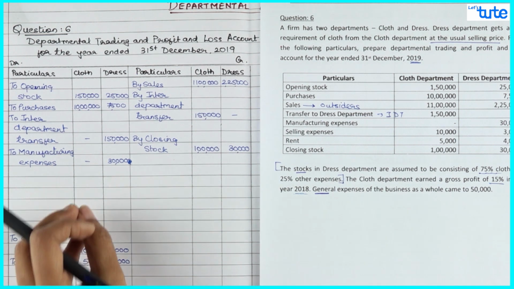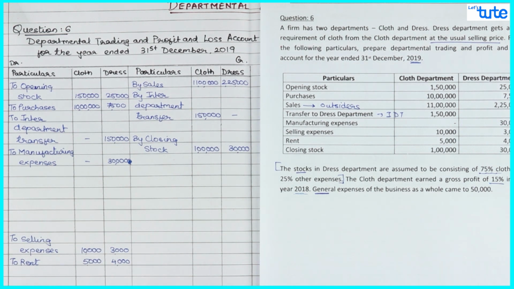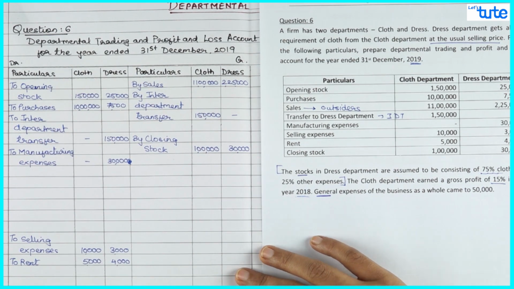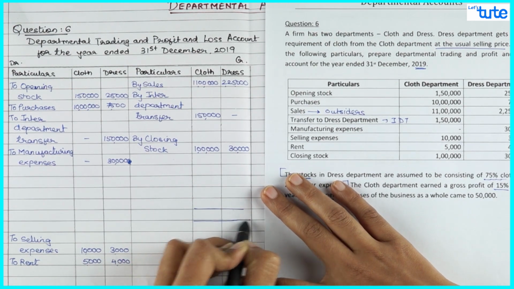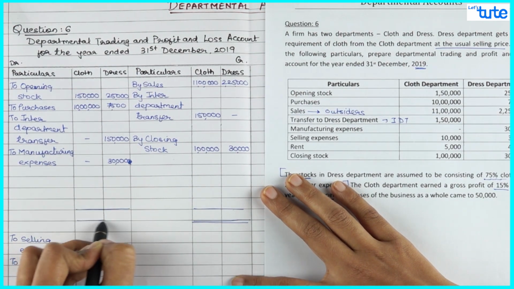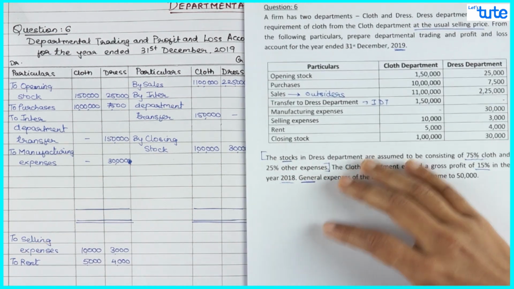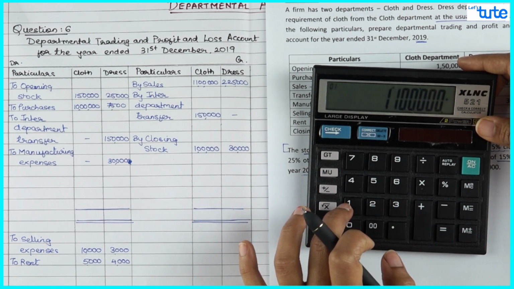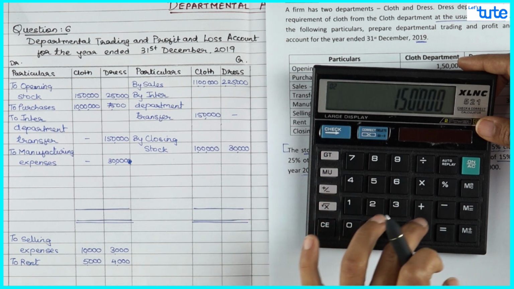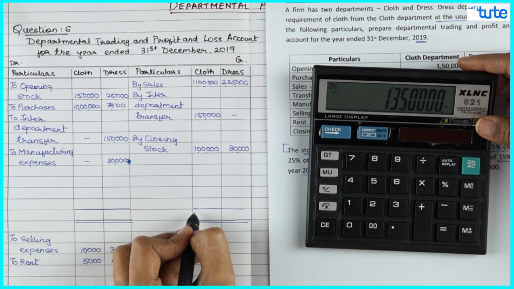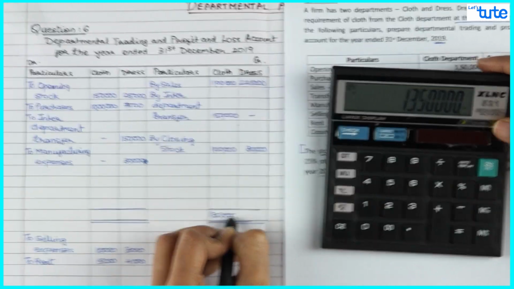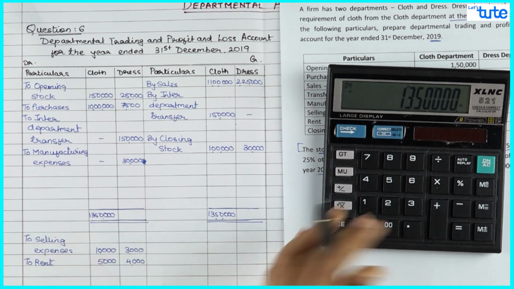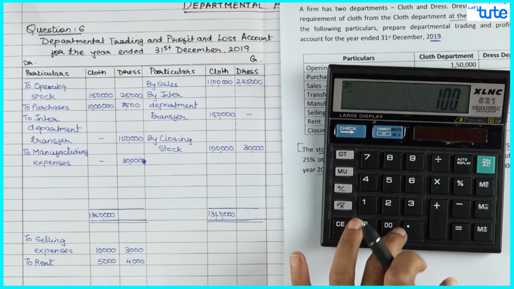First of all, we can find out just gross profit and net profit, because while calculating gross profit and net profit for department, we do not give effect for the stock reserve. So just close this account. Over here your credit side is more, 11 lakhs plus 1,50,000 plus 1 lakh. So that is 13,50,000 minus 1,50,000 minus 10 lakhs.